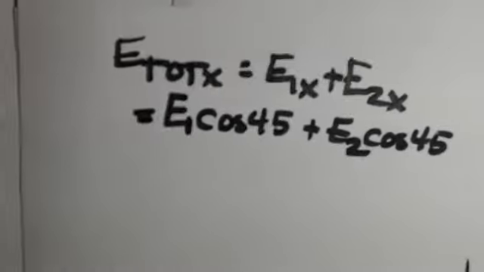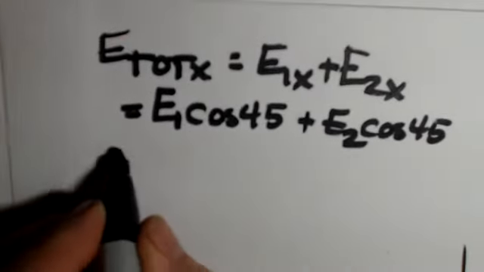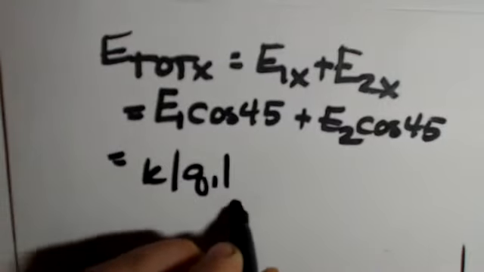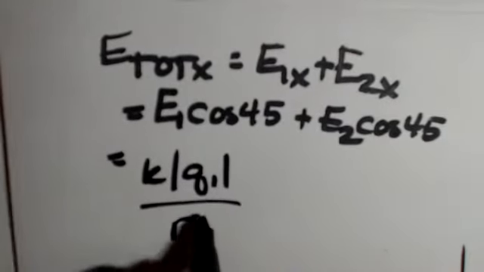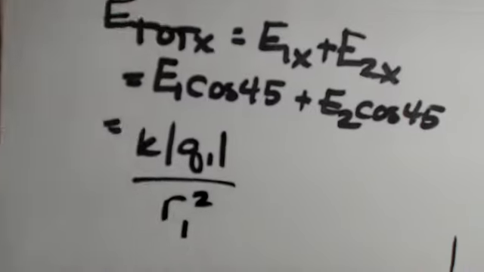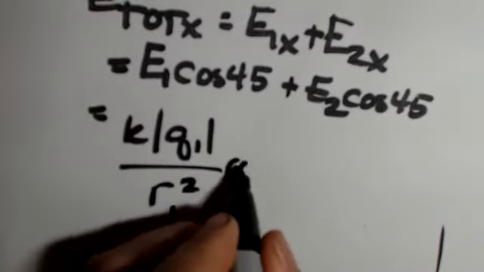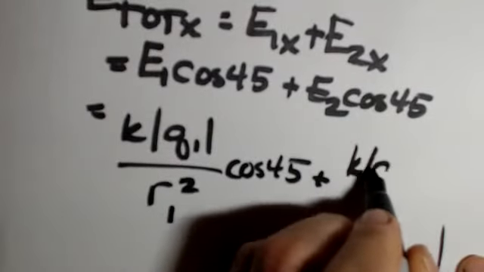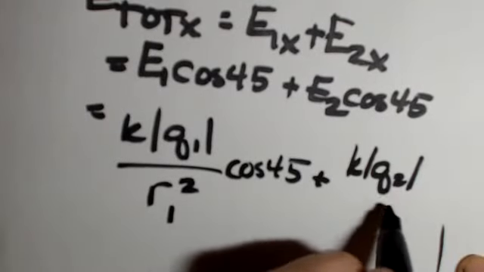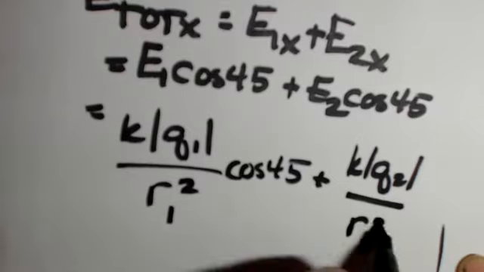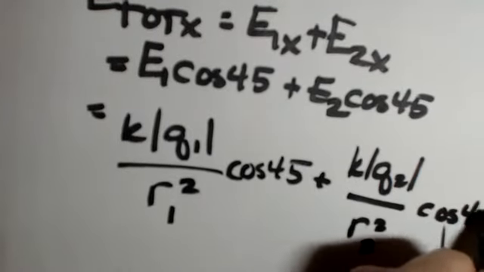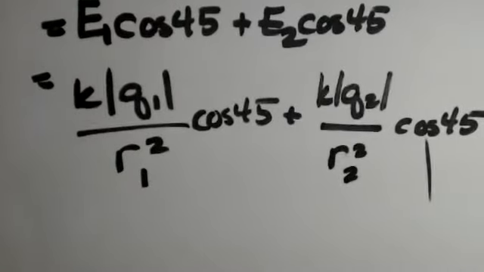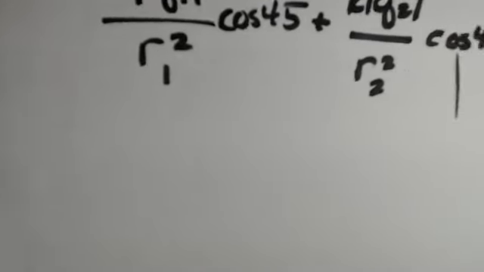All right, so I'm going to come back over here, and I'm going to say K, magnitude of Q1 over the distance from charge 1 squared, which I figured out using my little triangle, times the cosine of 45, plus K, magnitude of Q2 over the distance to charge 2 squared times the cosine of 45. And I think I know all that stuff. Okay, I know all that stuff. So that's E total X.